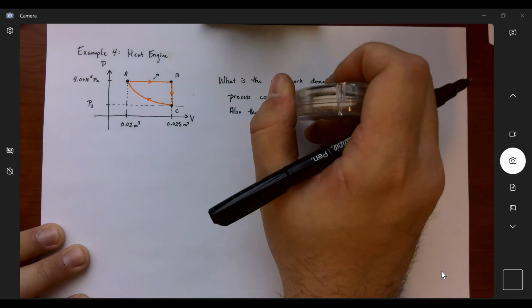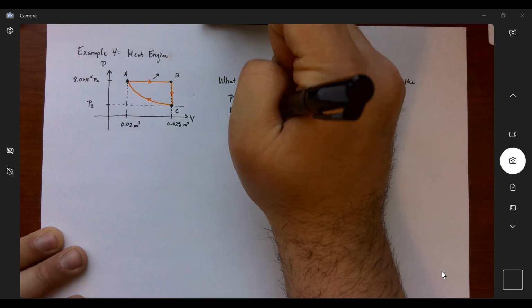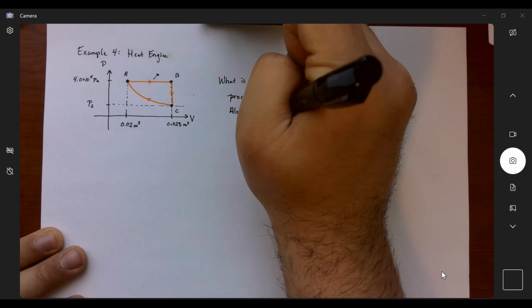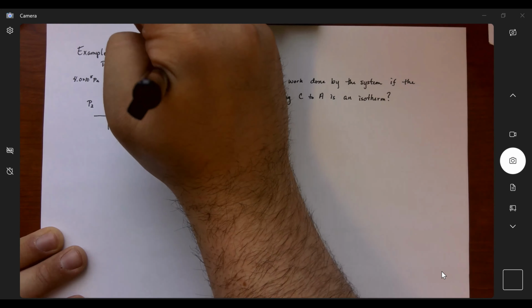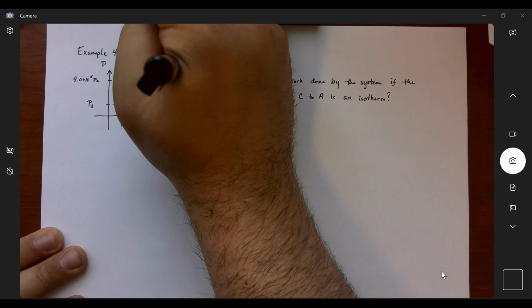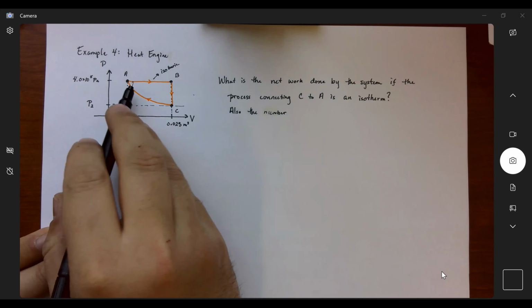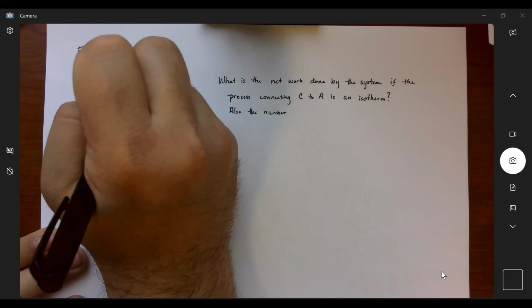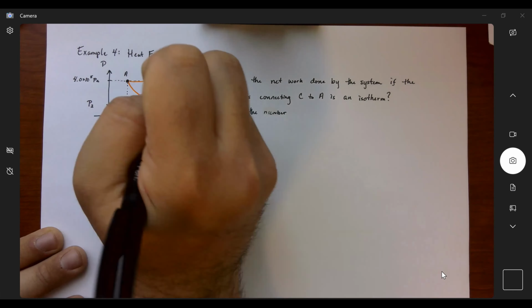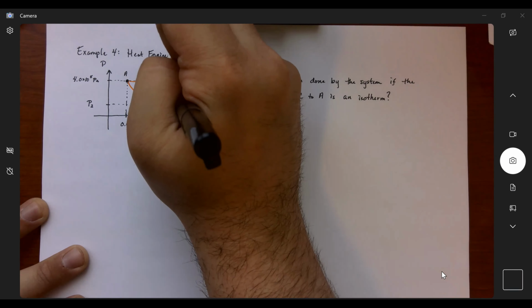Anyone have a guess? Isobaric, maybe? It is isobaric. All right. Again, isobaric meaning constant pressure because the pressure at A and B are the same. This implies that this is an isobaric process.